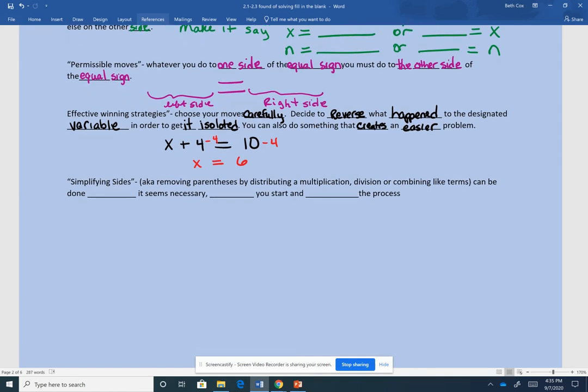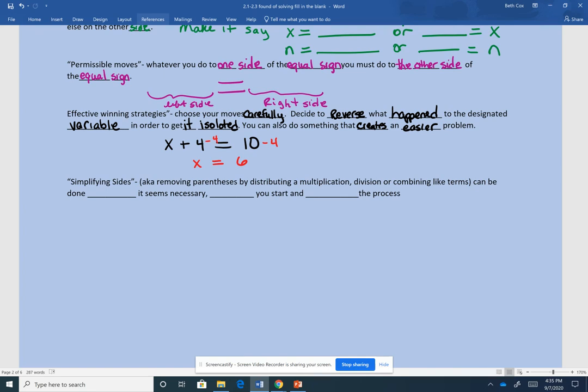Okay, simplifying sides. Got to finish this one up. This video is getting a little long. I know how it is. All right, so simplifying sides. Remember, simplifying means removing parentheses using the distributive property, multiplying or dividing, or combining like terms.